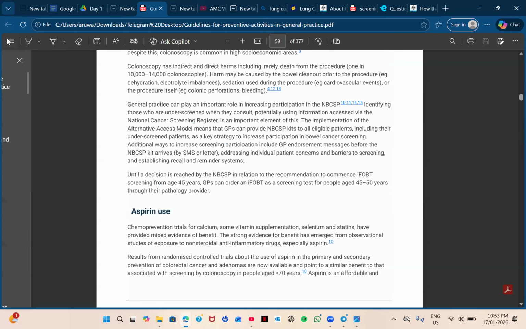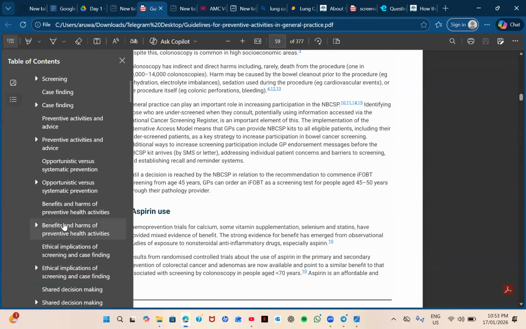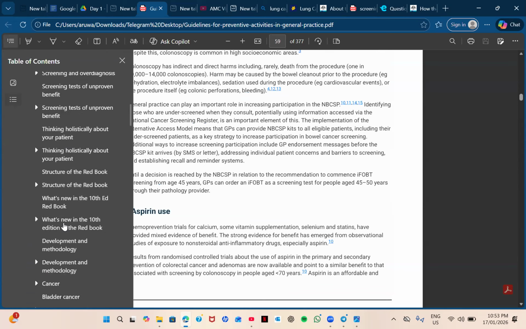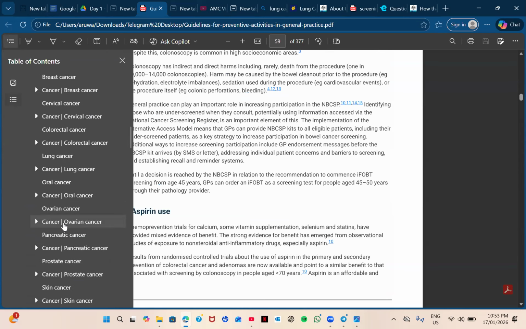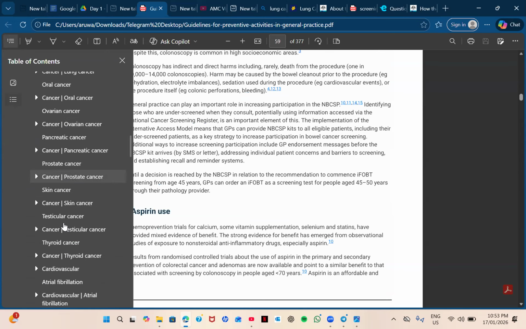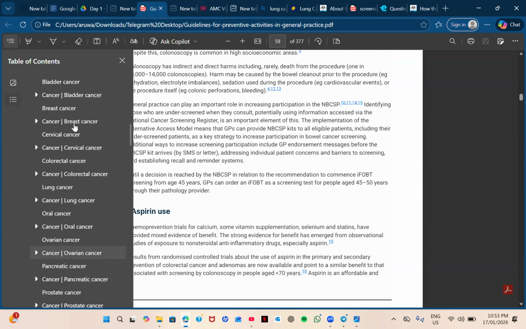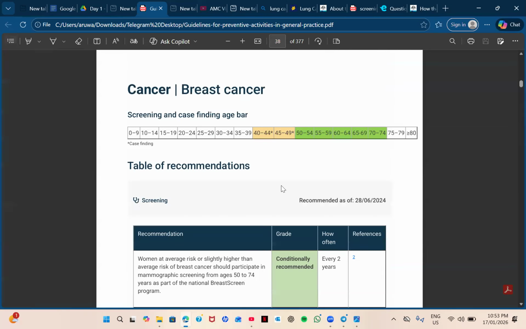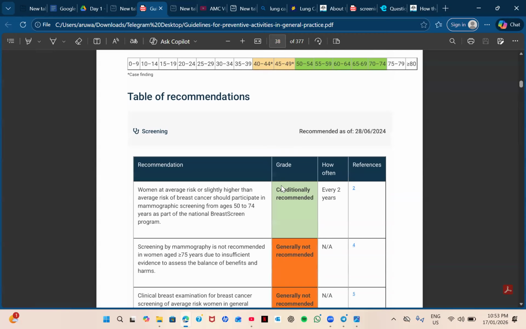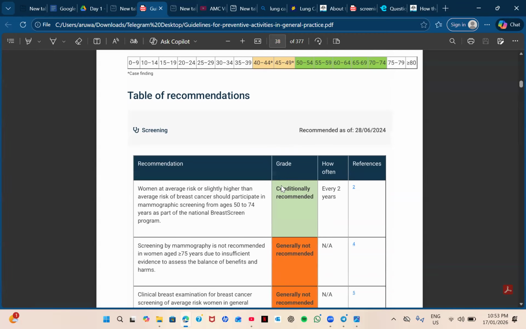Okay, let's go through breast cancer. Okay, here we also have to categorize these patients according to their risk factors, right?